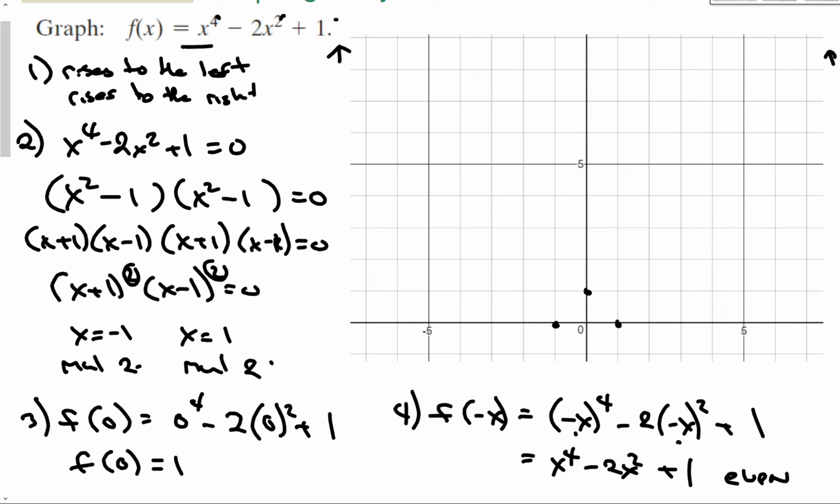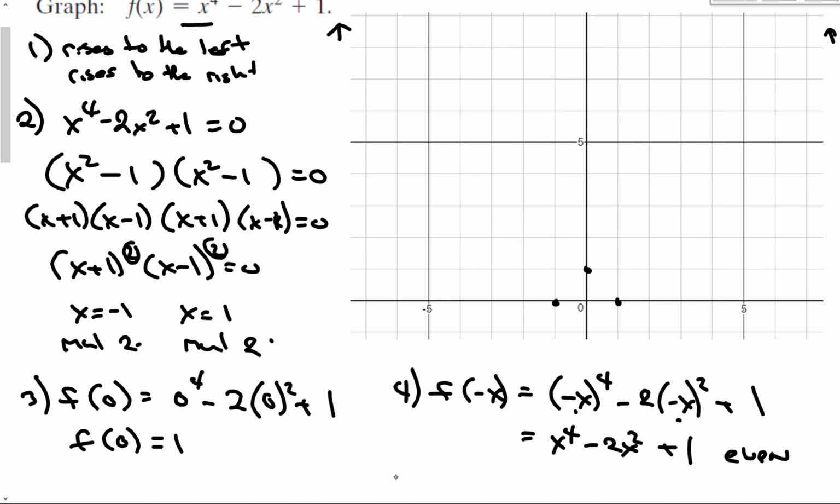Okay? And I know that it's going to turn, step 5, it's going to turn 3 times at most. And if I look at this, 1, 2, 3. Okay, so I know it's going to turn 3 times. I know it's going to be symmetric.